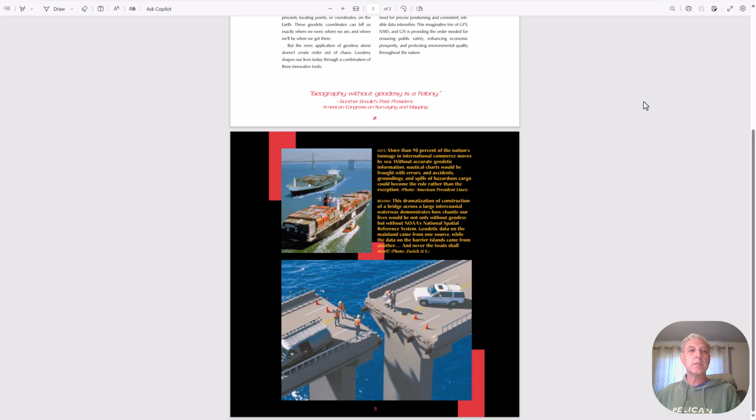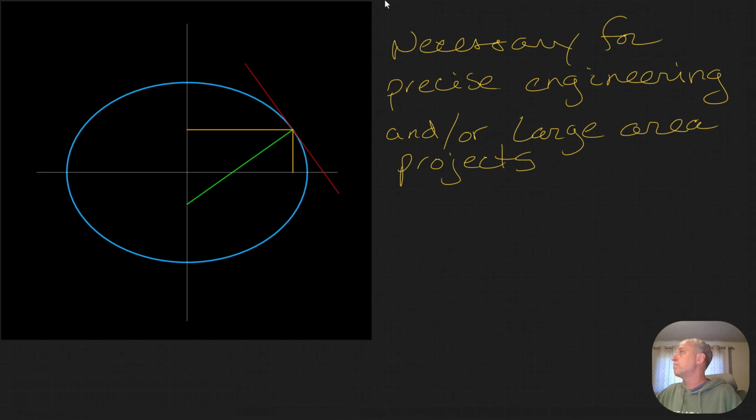So ellipsoids are not new. Ellipsoids have been used for quite a long time. And some of the early ellipsoids that we may have heard of, obviously, we have the Clark ellipsoid of 1866.